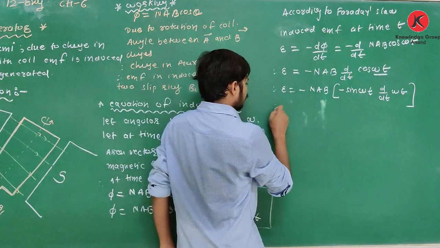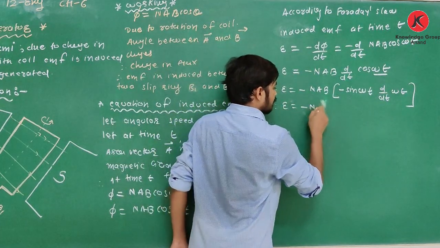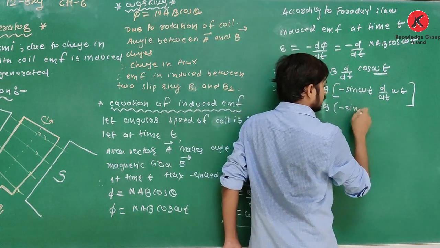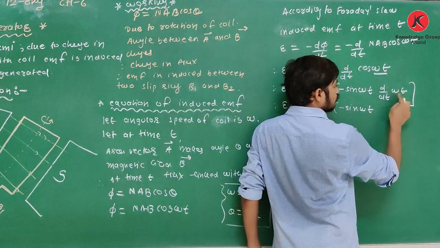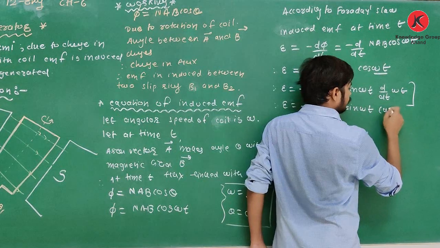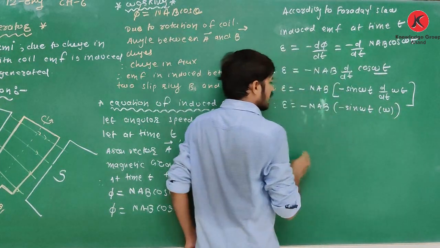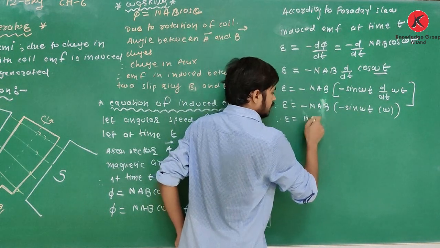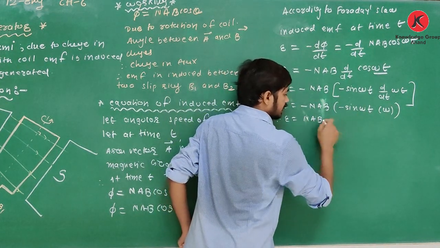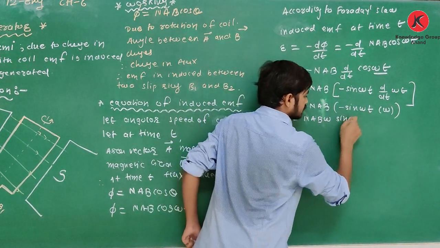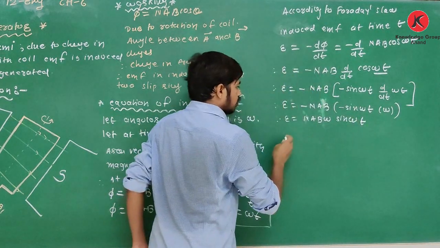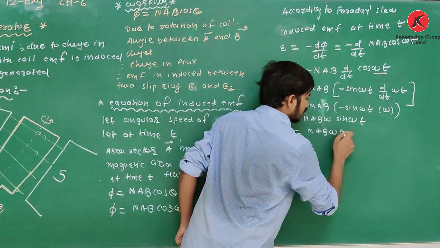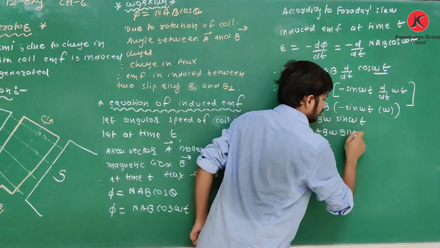What is the differentiation of omega t with respect to t? It is only omega. So now I can write this equation as E is equal to plus NAB omega sine omega t, or E is equal to NAB omega sine theta.